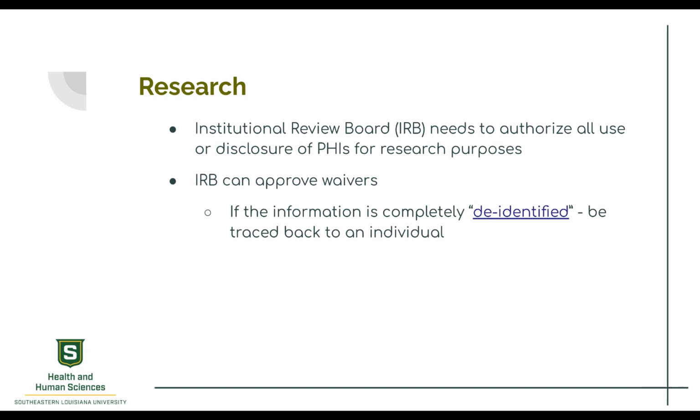There's no extra step that needs to be taken in protecting the patient's privacy information. De-identified means it's not possible to trace it back to the individual who owns that information. If it's de-identified, you can't trace it back.